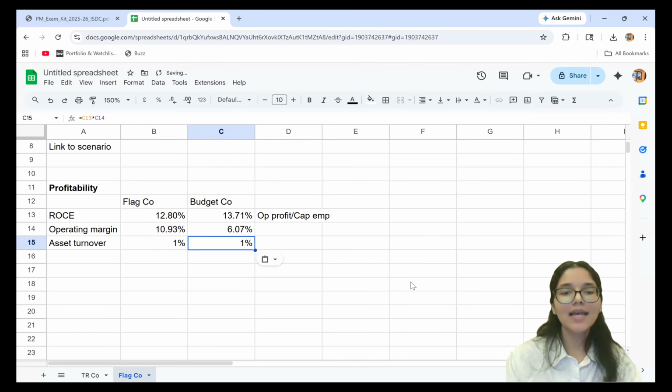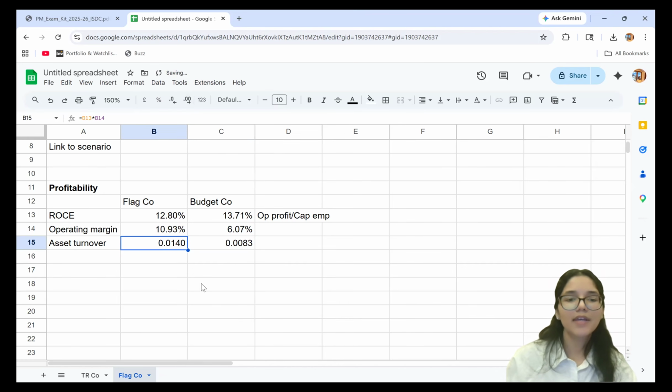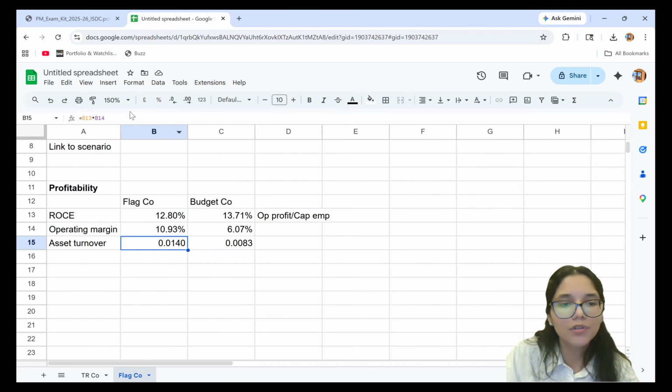I convert this, and this should not be expressed as a percentage. I will convert this into number format, and increase the decimal places a little bit. This way we have calculated 4 decimal places. This is the asset turnover that we have been able to generate.